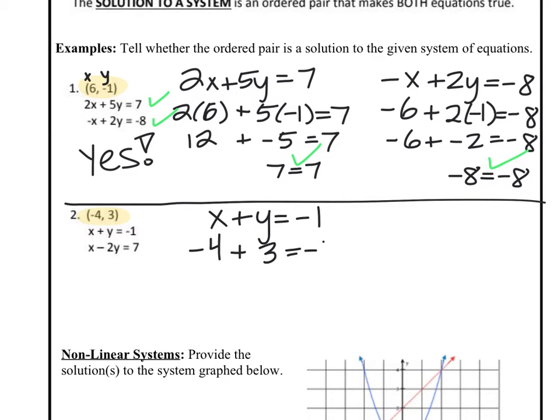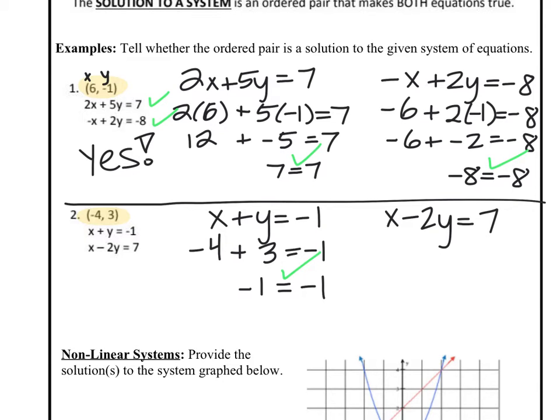If I add those up, what do I get? You do get -1. So did this one work? But this is a system, so check the other one. x minus 2y equals 7.